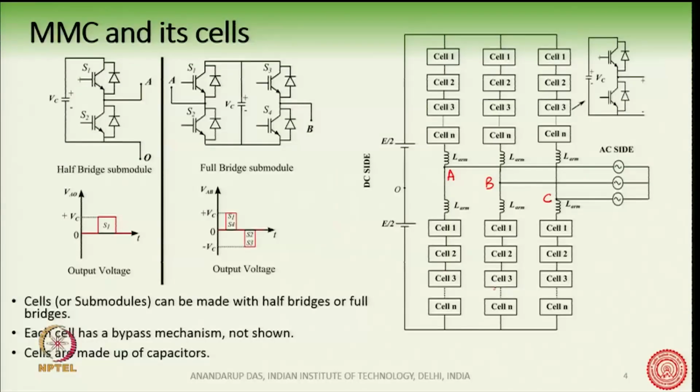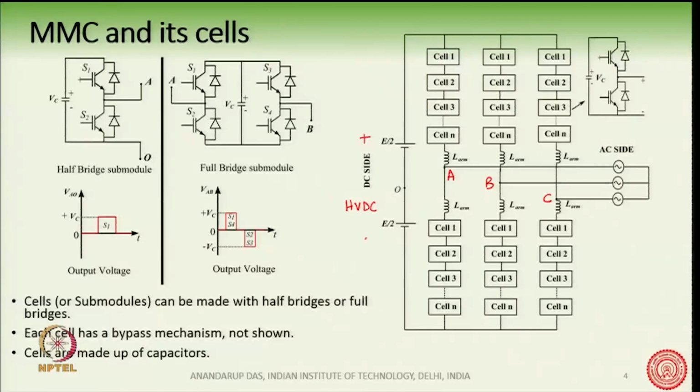B phase is like this and C phase is like this, and here we get the DC.